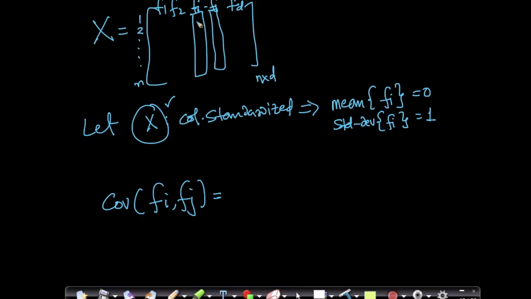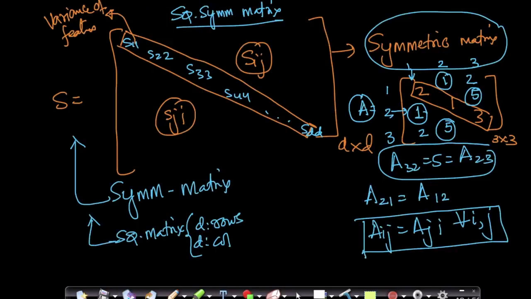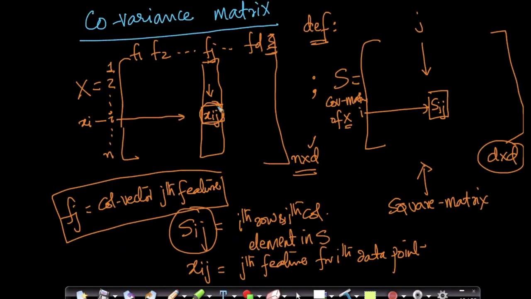It has elements x1i, the first data point and ith feature, and x2i, the second data point and ith feature. Similarly, this one is x1j, the jth feature, and this one is x2j. We just learned about this terminology a while ago. I'm just reusing that right now.